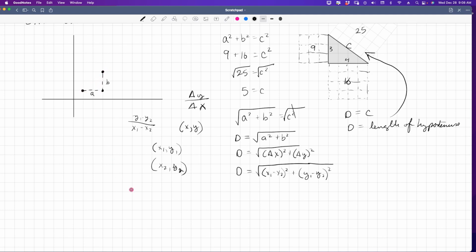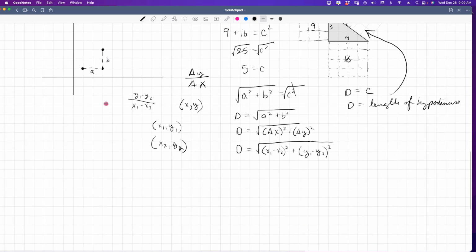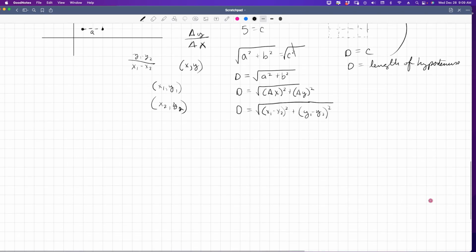Well, the same thing can be used for any other 2 distances between the same 2 points, or any other point that is the same distance away from these 2 given points. And that goes back to our definition of a line itself, which is, I'm going to put this up here for us.